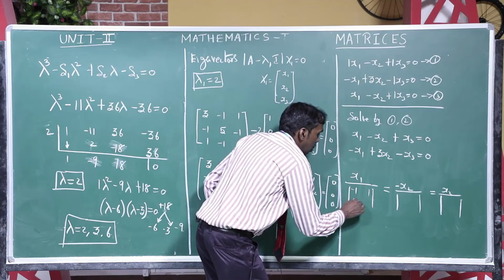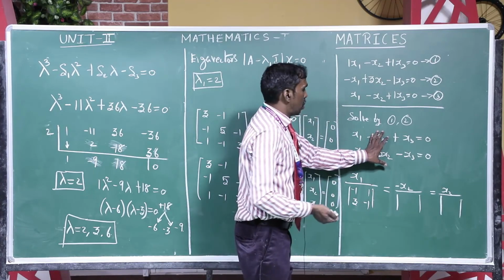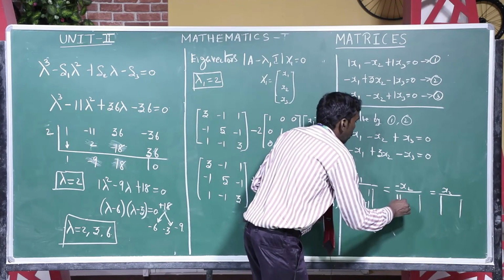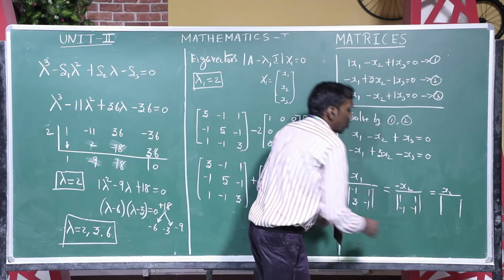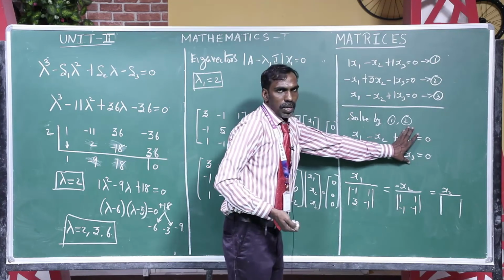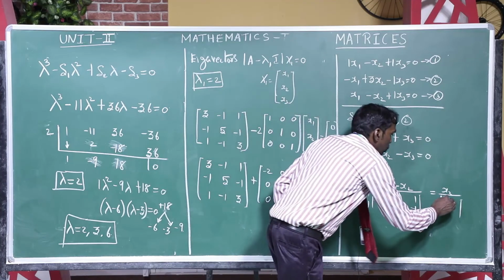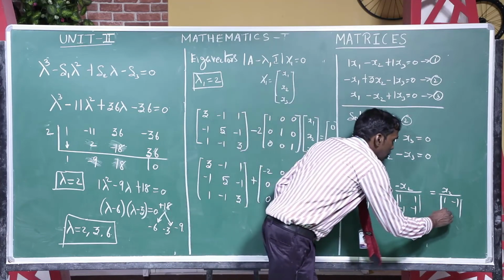Then here 3, minus 1. Similarly, hide the second column, the x2 vectors. So for x1 here now, what elements? 1, minus 1. Here 1, minus 1. Similarly, hide the x3 column vectors. So 1, minus 1. The next, minus 1, 3.